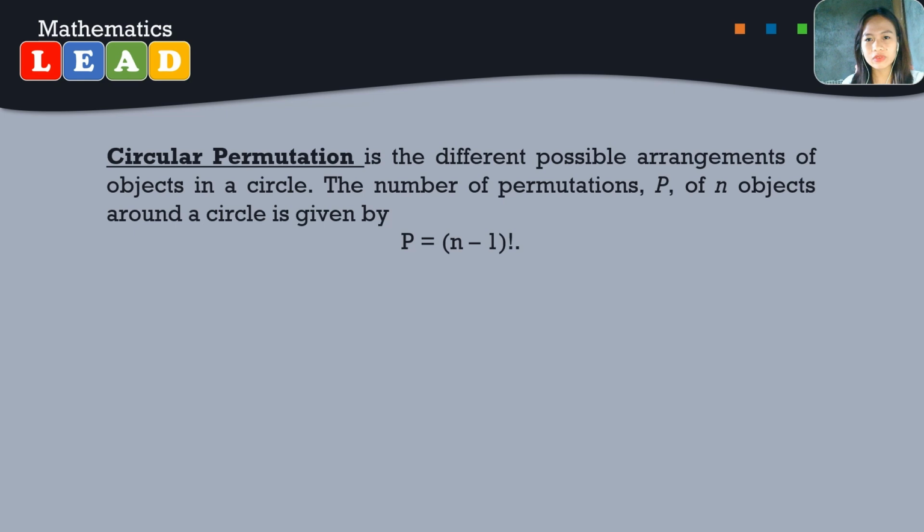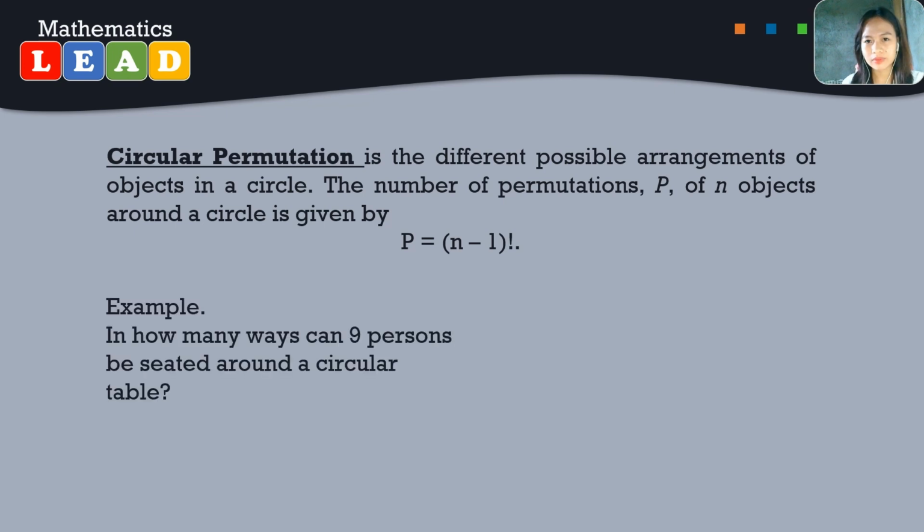Now let's move on to circular permutation. It is the different possible arrangement of objects in a circle. The number of permutations P of n objects around a circle is given by P is equal to n minus 1 factorial. Example, in how many ways can 9 persons be seated around a circular table?